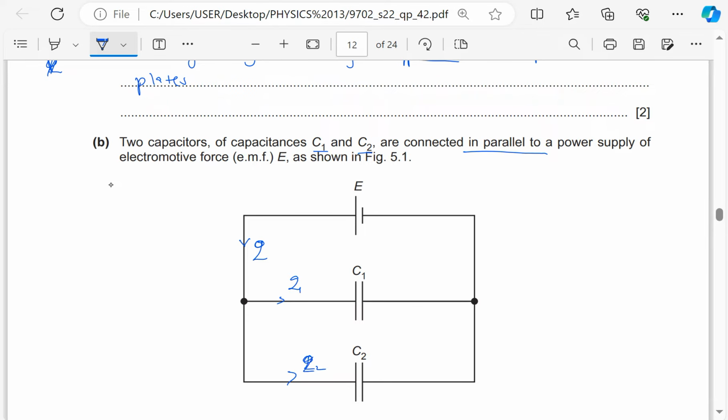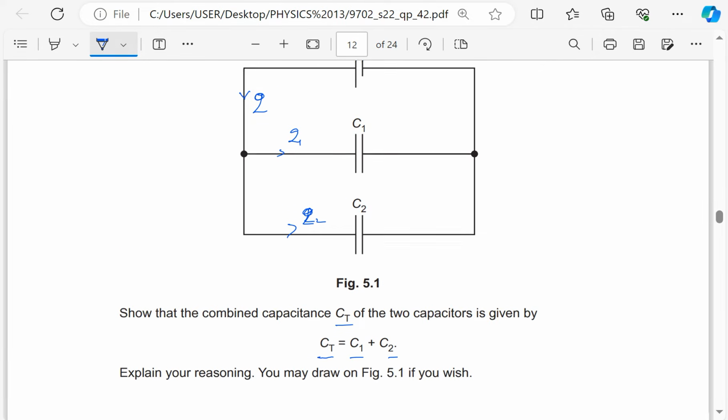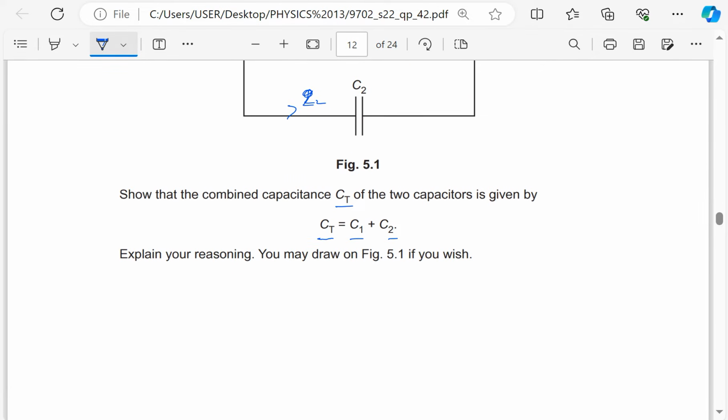So by Kirchhoff's first law, conservation of charge, note that the PD across the capacitors is the same. So I'll say the PD across both capacitors is the same, because they said explain your reasoning.